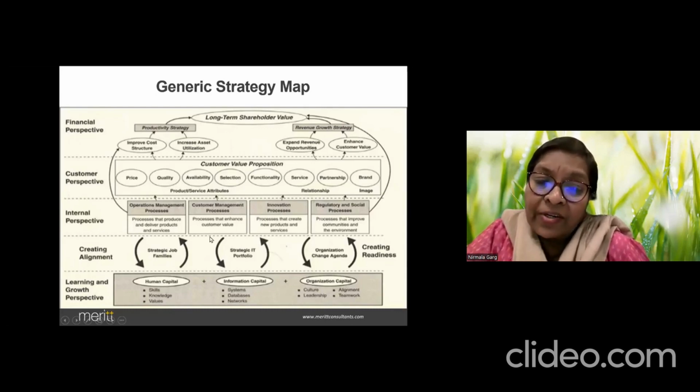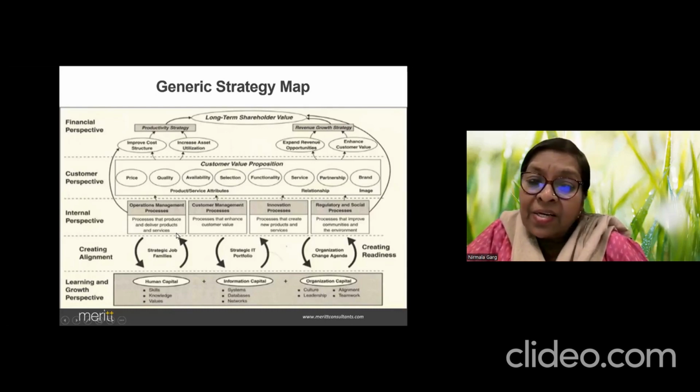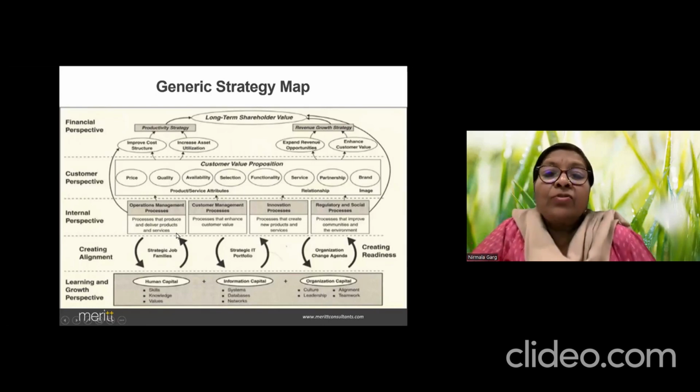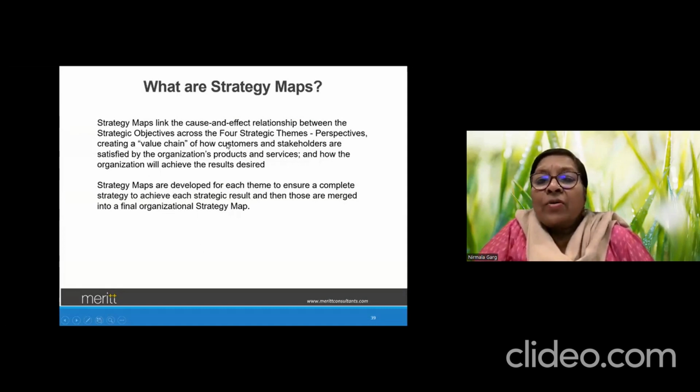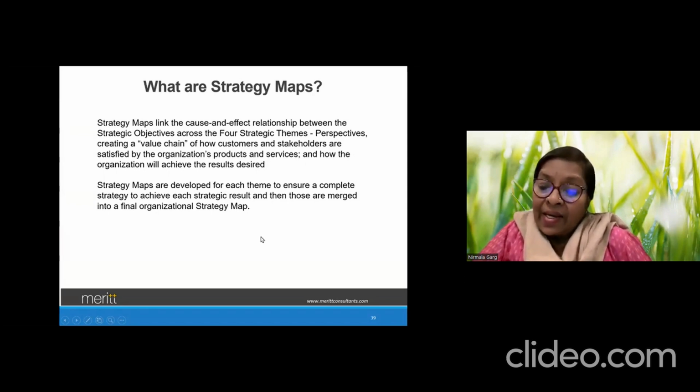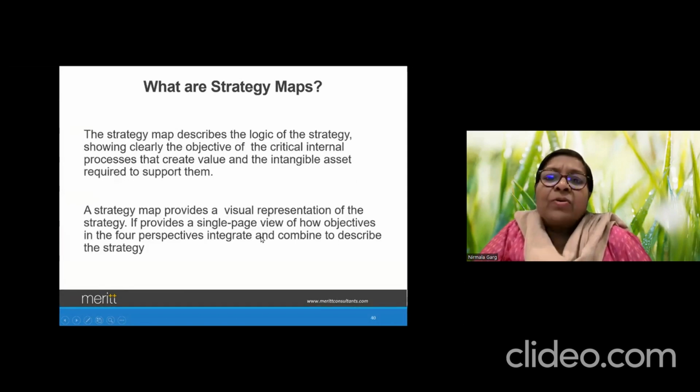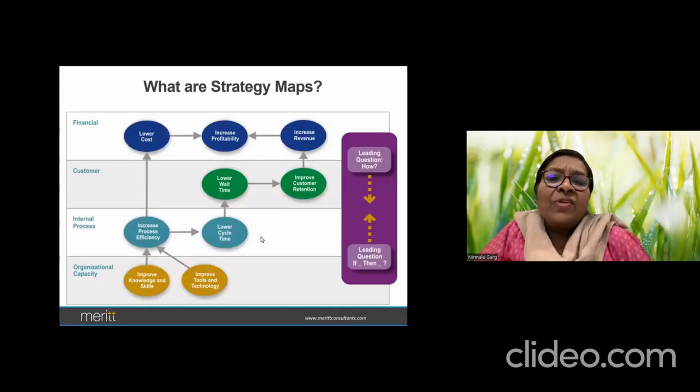It goes through a lot of iterations, and that's how they create the strategy map. I said strategy maps are a visual graphic representation which create the cause and effect relationship, so that there's a linkage and then they are cascaded down.